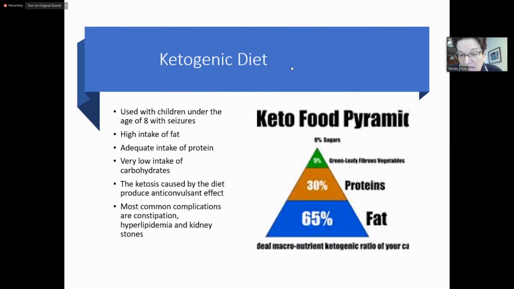You can see the diet is about 65% fat, 30% protein, 3% or 5% green leafy vegetables or carbohydrates, but 0% sugars, none whatsoever. And that produces that ketogenic effect that reduces the intensity and the number of seizures in these children.